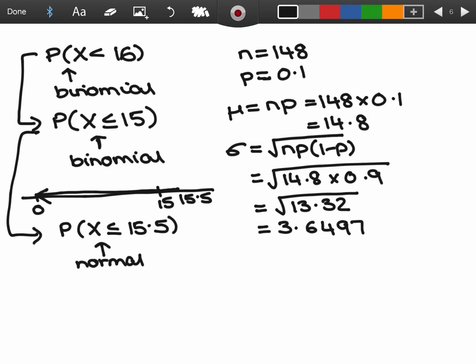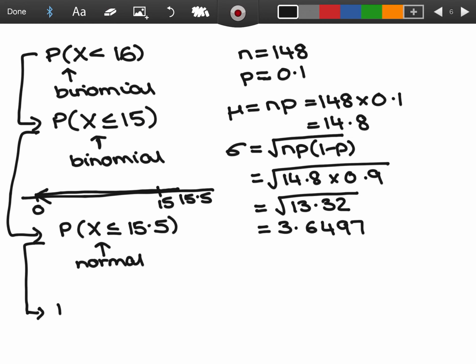I've got a mean that isn't 0 and a standard deviation that isn't 1, so I would like to go from normal into standard normal. Because I have an upper bound of 15.5 but no lower bound, and I'm not in standard normal, I can't use negative 10 here. In order to do that, I need to do a z transformation.